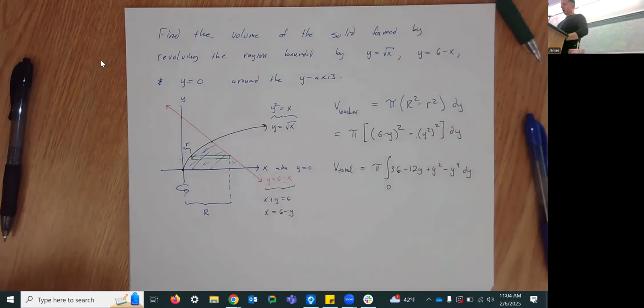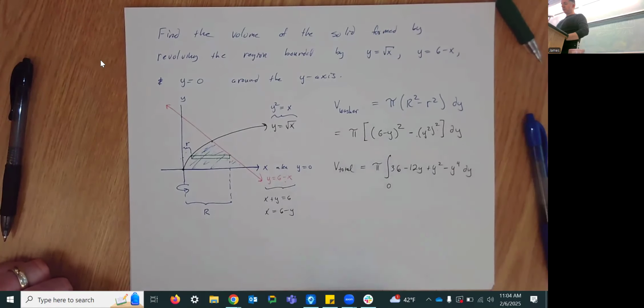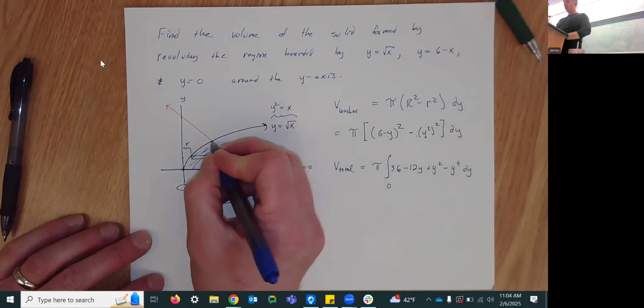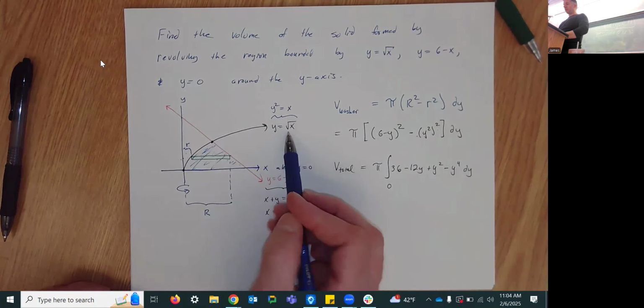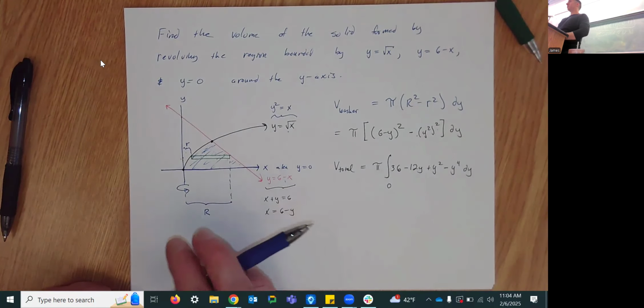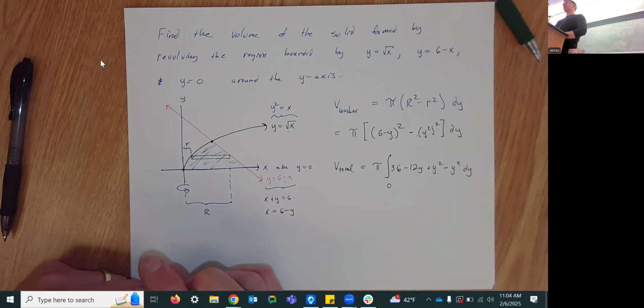So upper limit of integration. We got to find the y value here. Now, here's the thing about a lot of these problems. A lot of them are set up to not suck. So while you could set root x equal to 6 minus x and then solve, you could also just guess good candidates.